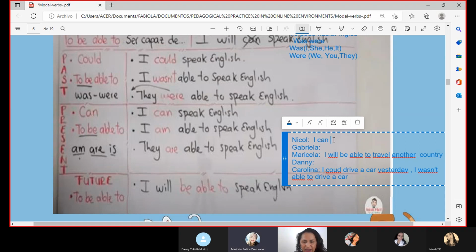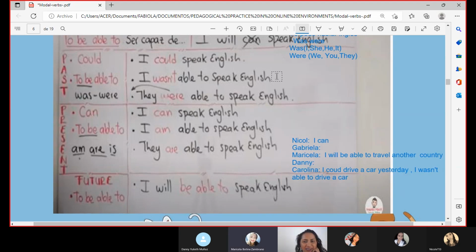La siguiente dice "yo no pude hablar inglés". Yes, but in the next you say in past, when you use able to, it wasn't. No fui capaz. No fui capaz.